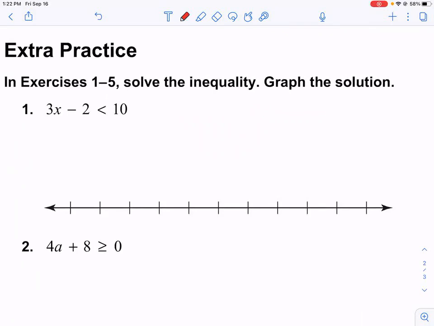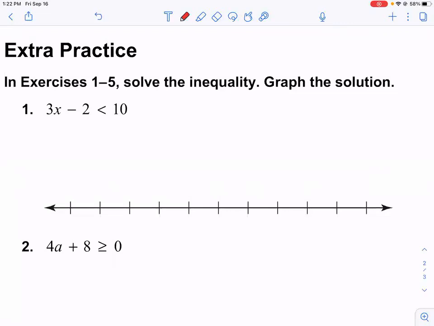Right now, we don't need to worry about distribute. Okay, we can at least write these down. That's okay. We don't need to distribute or combine like terms, but we do need to move our constants to one side and our variables to the other side.